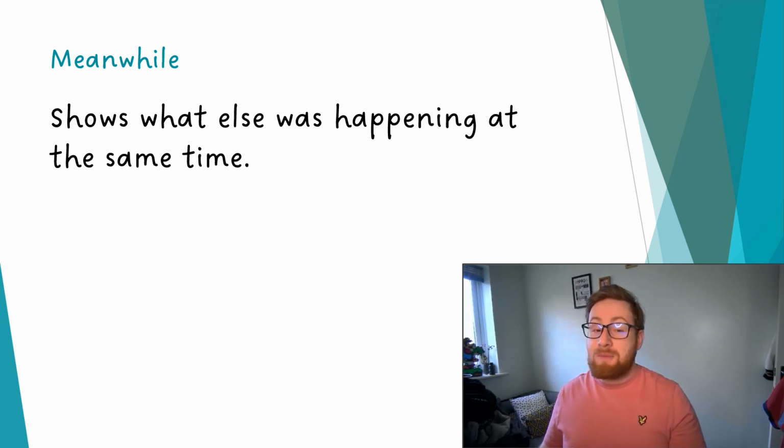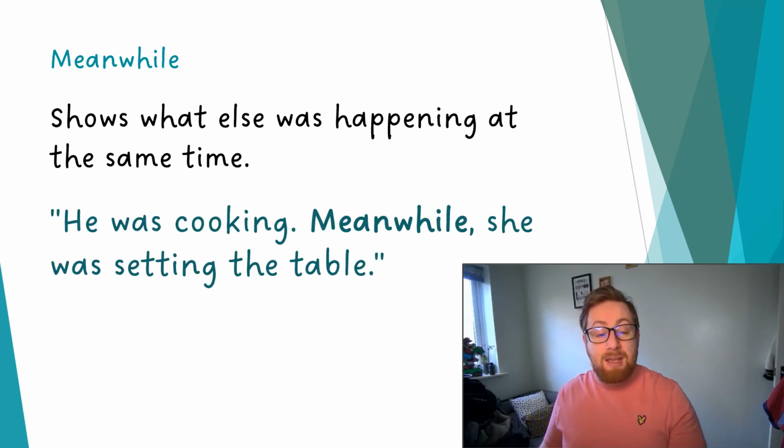And meanwhile, similar to while, this shows what was happening at the same time. So often used to show what else is happening at the same time. He was cooking, meanwhile she was setting the table. So it shows something that was happening at the same time, so often in the past.